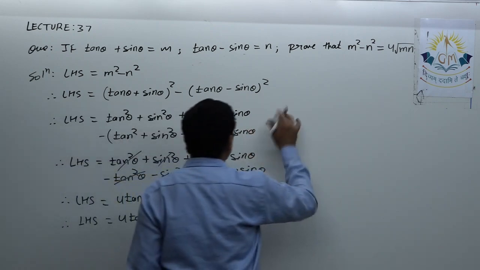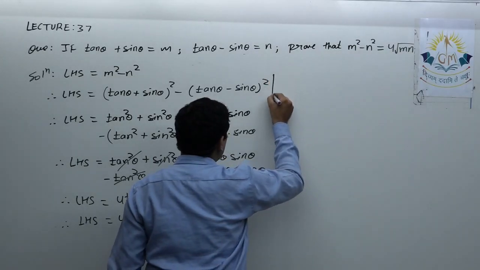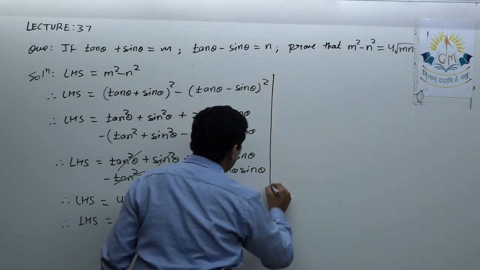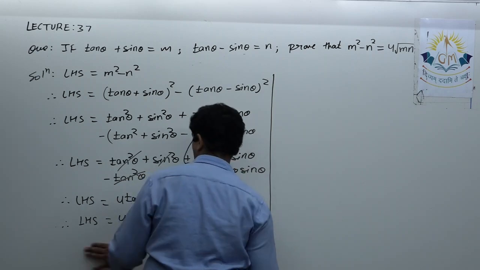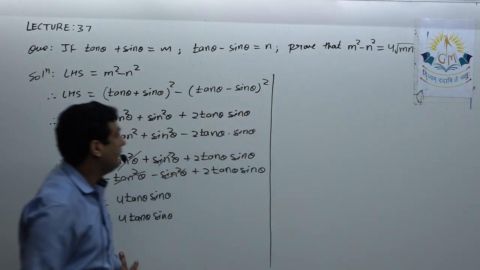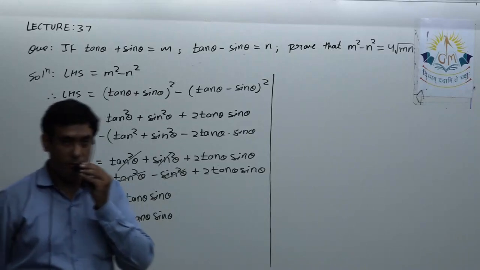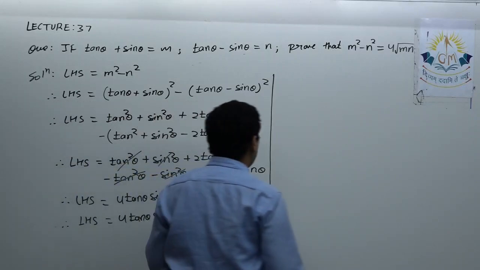Now I will start solving the RHS, and I will prove that the RHS is also equal to this. If it is possible to prove that, then definitely we can say m square minus n square is equal to 4 root mn.